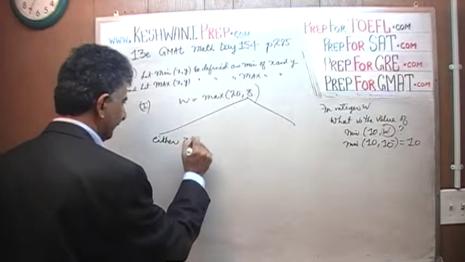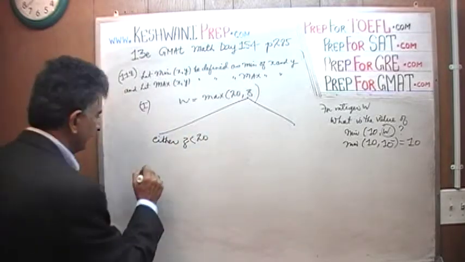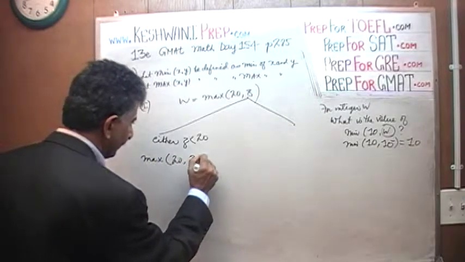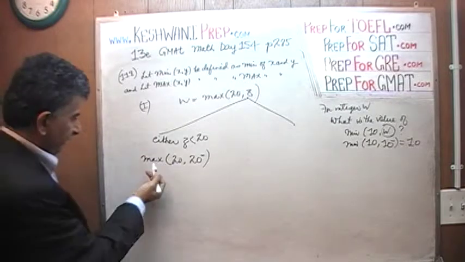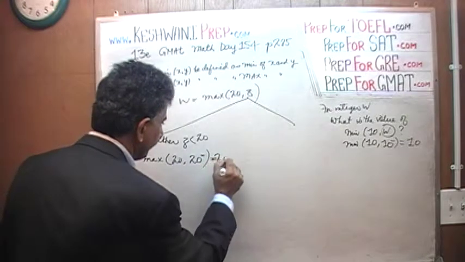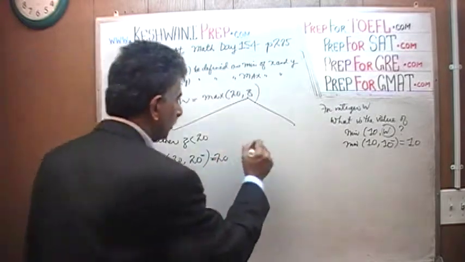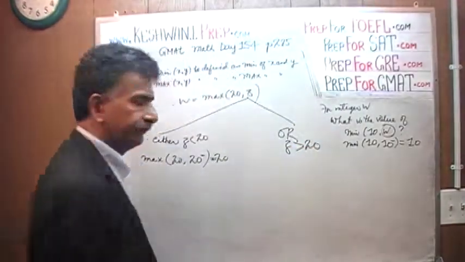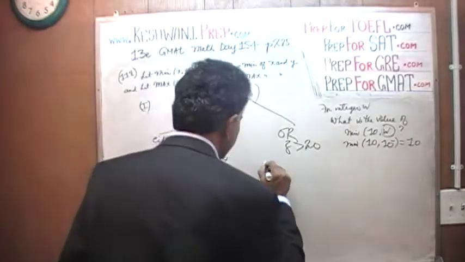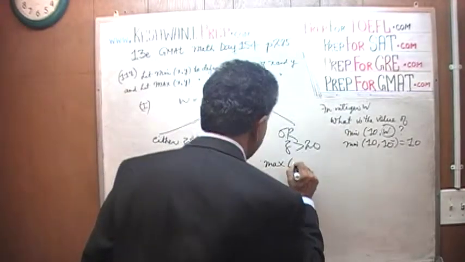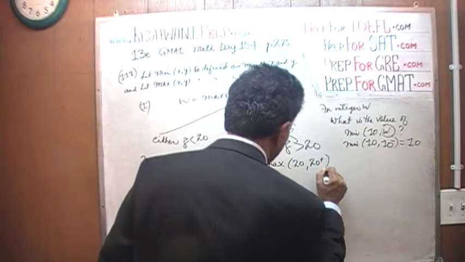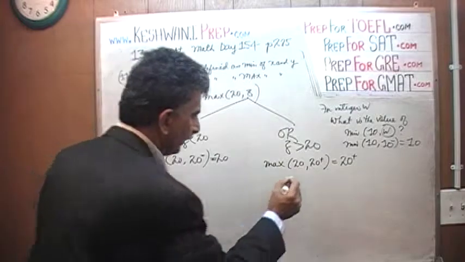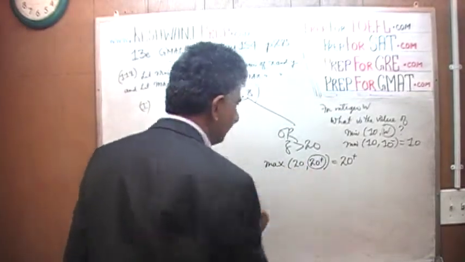Either z is something less than 20, in which case the maximum of 20 and something less than 20 is going to be 20. Or z is something more than 20, in which case the maximum of 20 and something more than 20 is, of course, whatever that quantity is, something more than 20. Whatever this quantity is going to be the maximum of the two values.